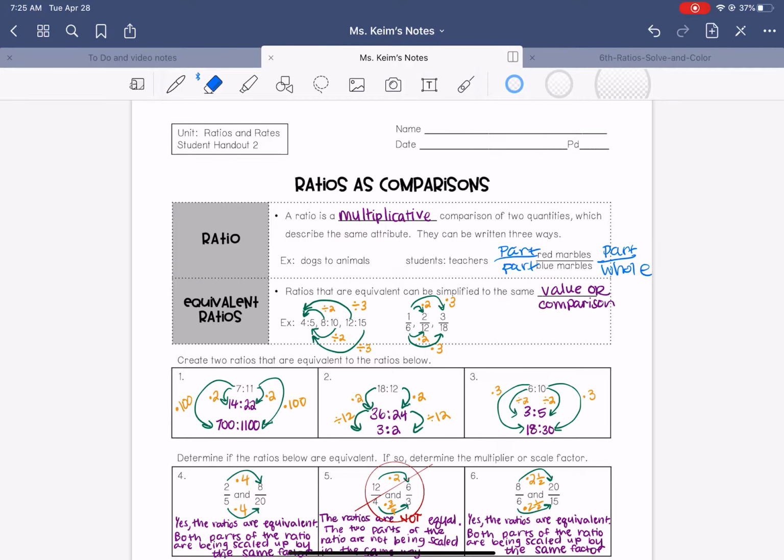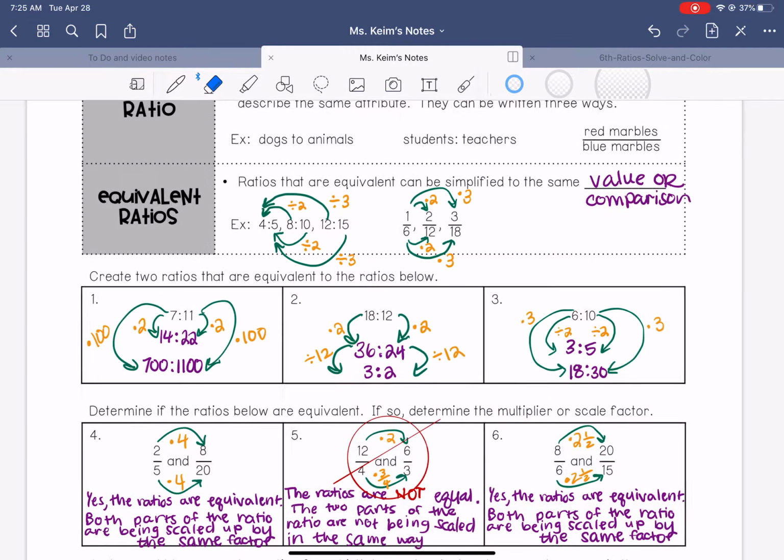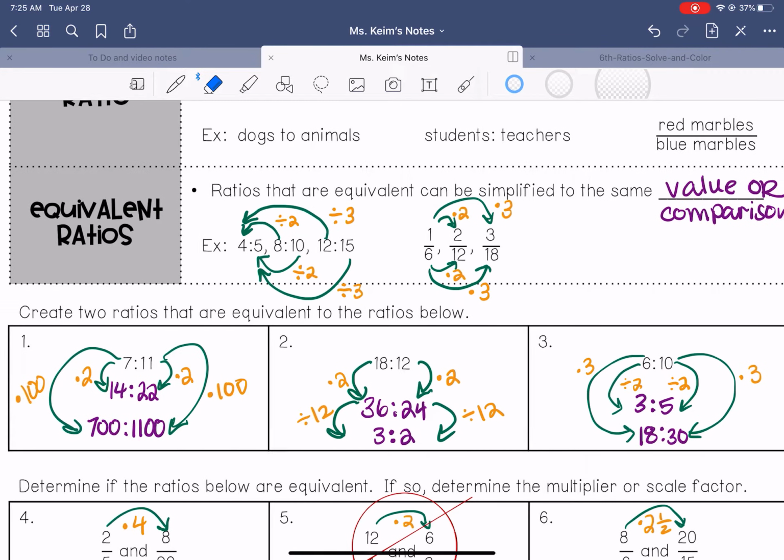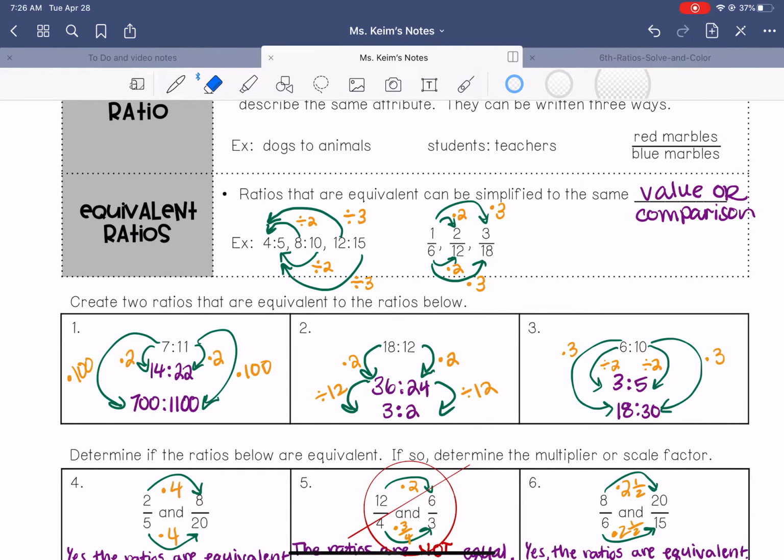So let's look at some equivalent ratios. It says ratios that are equivalent can be simplified to the same value or comparison. So here we have examples. 4 to 5, 8 to 10, and 12 to 15 are all equivalent ratios.